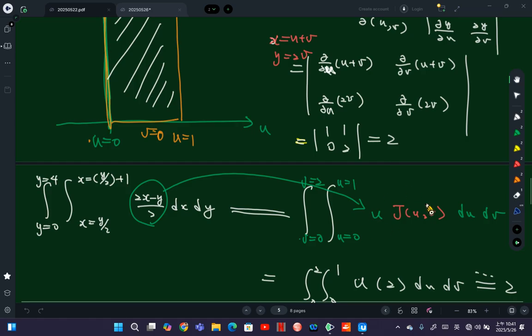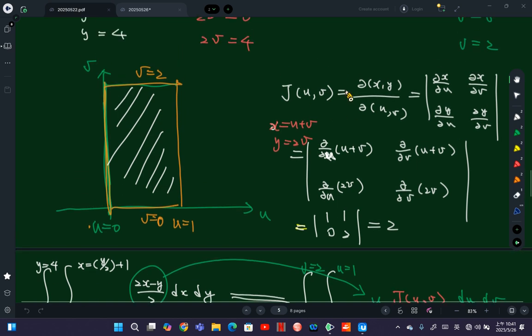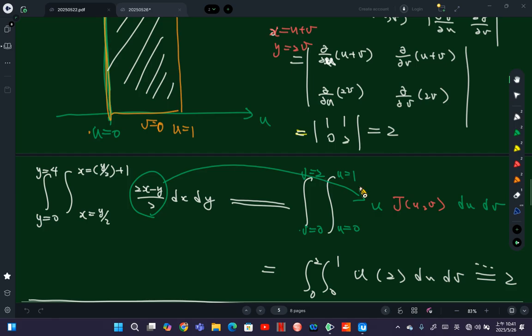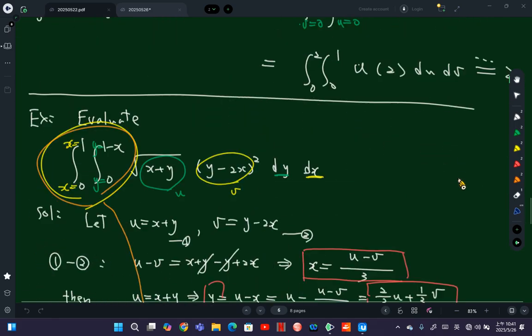But don't forget, you need to add in the Jacobian here, then du dv. The Jacobian will just follow this determinant. This is the Jacobian, the determinant. But when we add it in, we need to add the absolute value here.